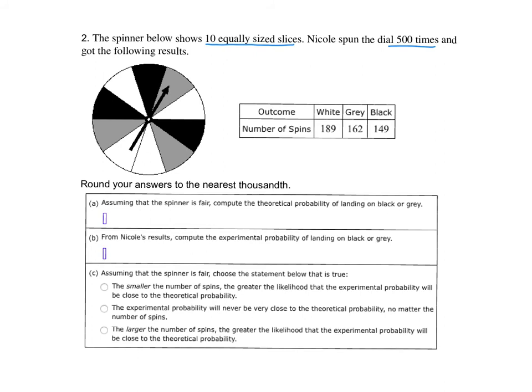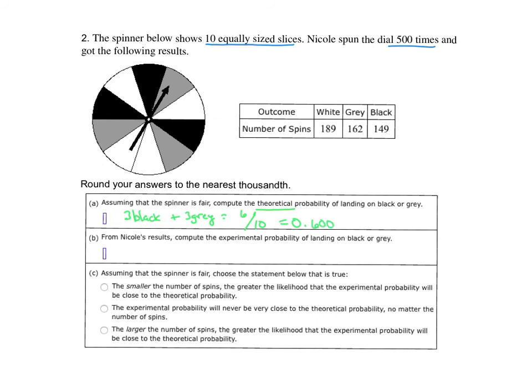So we're going to assume the spinner is fair and compute the theoretical probability of landing on a black or a gray. Well, there are 3 black and 3 gray, 6 total out of 10, 0.600. Okay?